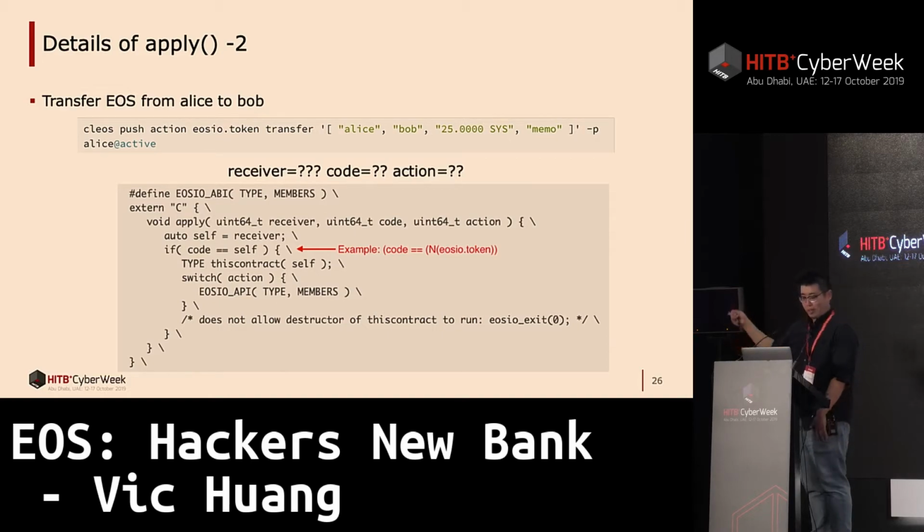So when we look at the apply function, the receiver will be Bob because Bob received the action, and the code will be the EOS token because they call the EOS token to do the transfer, and the action is transfer. So when Bob receives this action, it will call the transfer itself.